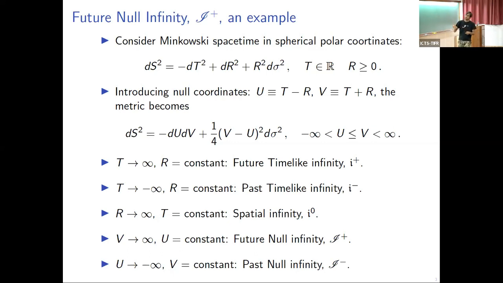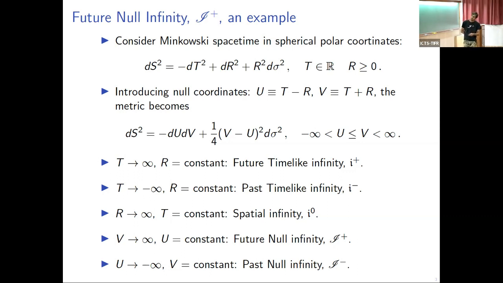In terms of these coordinates, we can easily define our regions of interest. As the time coordinate goes to infinity at a constant radial coordinate, we reach future timelike infinity, which we denote by small i plus. Similarly, as t goes to minus infinity at a constant radial coordinate, we reach small i minus.